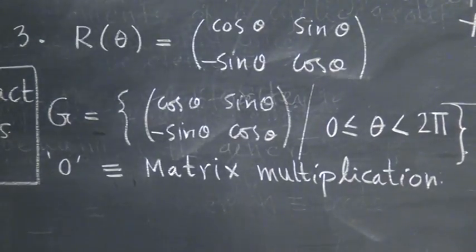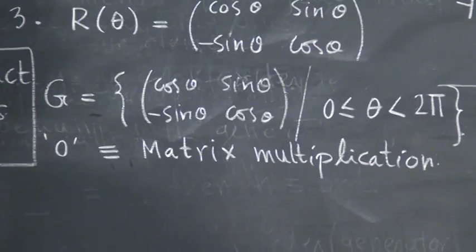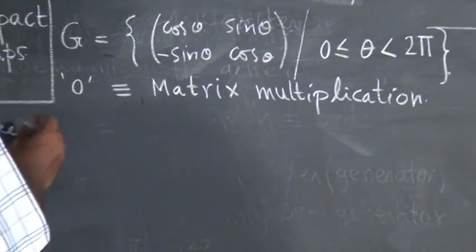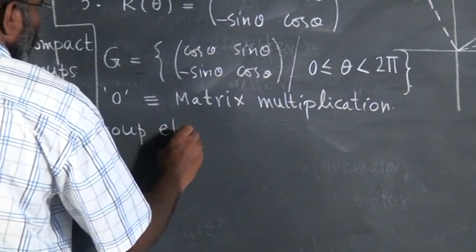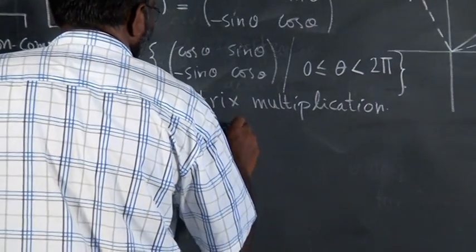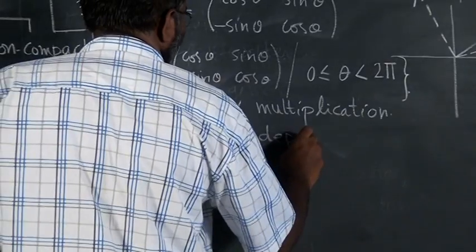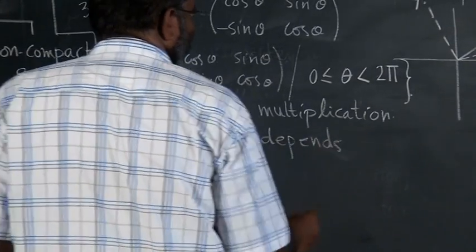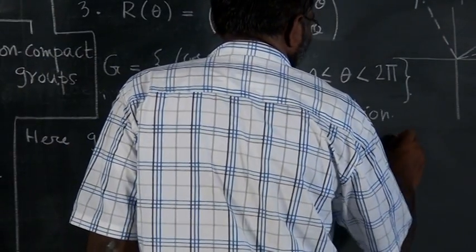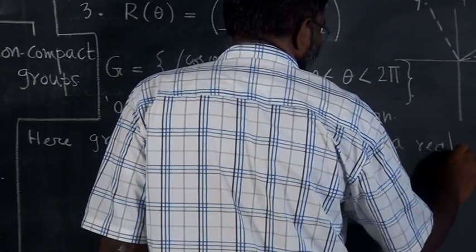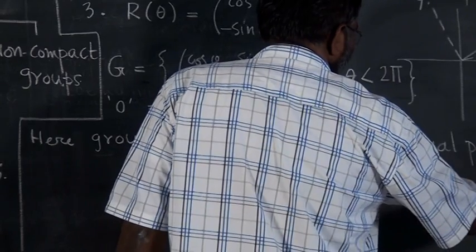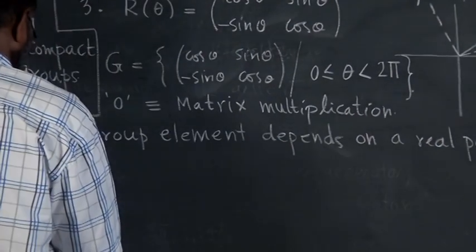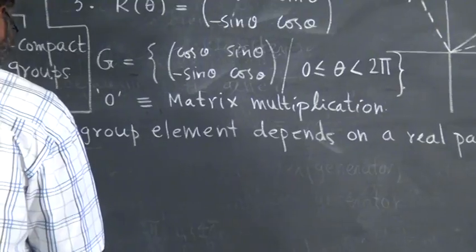Now, here the group element depends on a real parameter, in this case theta.